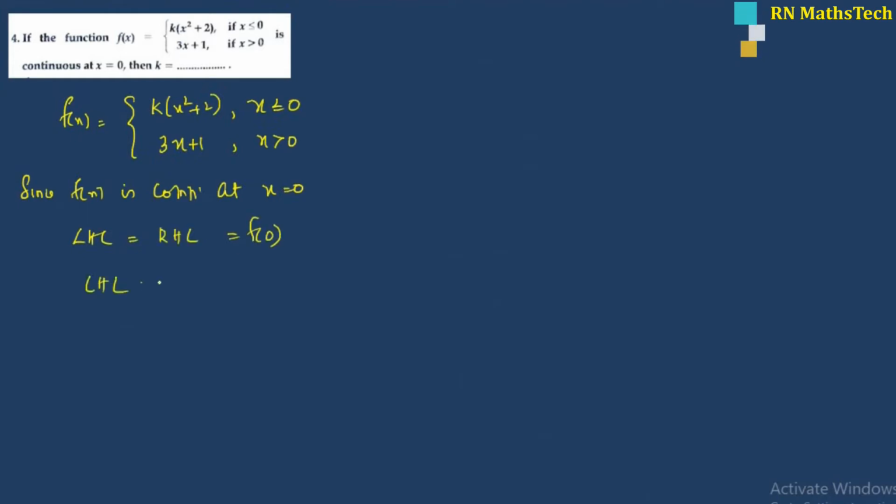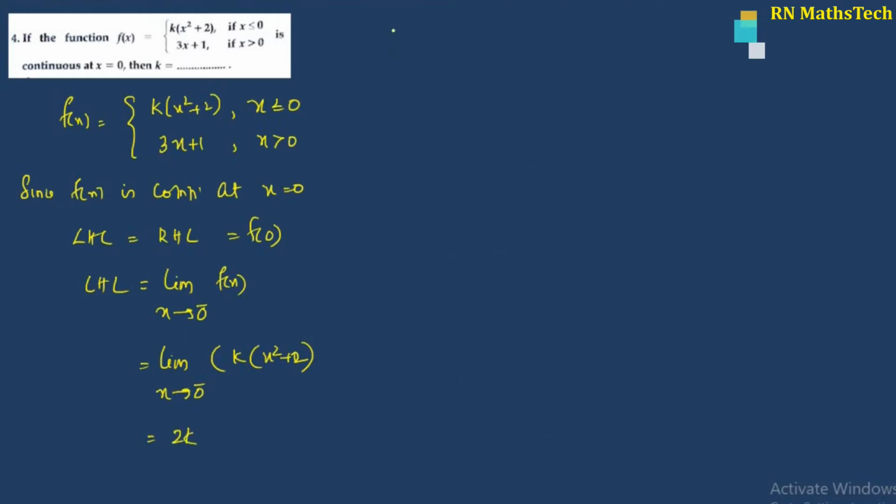Now left hand limit equal to limit x tends to 0 minus f of x, that is equal to limit x tends to 0 minus, function value is k into x square plus 2. Now when x is equal to 0, this is equal to 2k, okay.